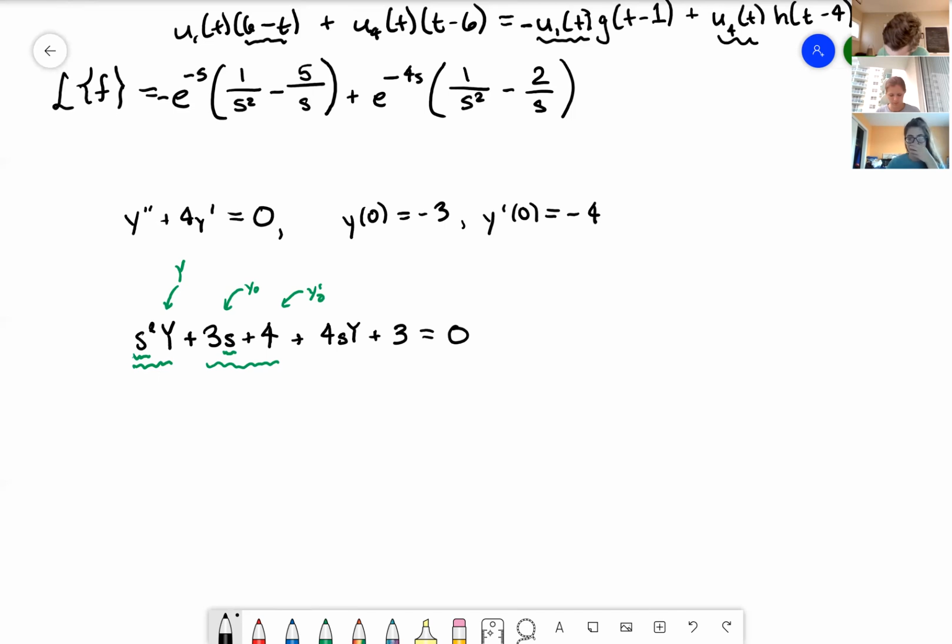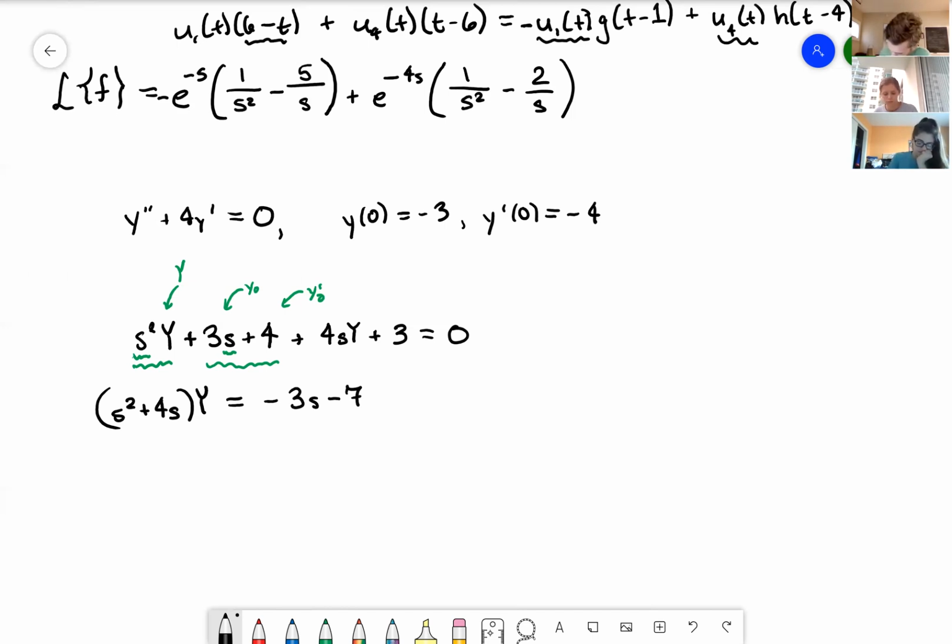So what do we have? S squared plus 4S times Y. Of course, we knew we were going to get the characteristic polynomial multiplied by Y there. Equals minus 3S minus 7.